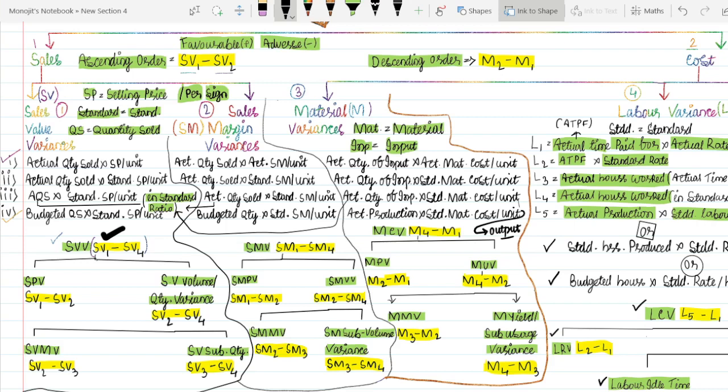It means sales value 1 minus sales value 4, and this is divided into sales price value, where first we need to write sales value 1, and sales value 4 will go to sales volume or quantity variances, and sales value 2 needs to be deducted.